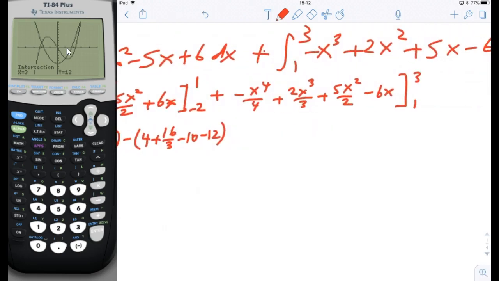Okay, now let's do this last section here. So we're going to have 3 to the 4th is 81, so -81 over 4, plus 3 cubed is 27. 2 times 27 is 54. 54 divided by 3 is 3 times 6, 18.